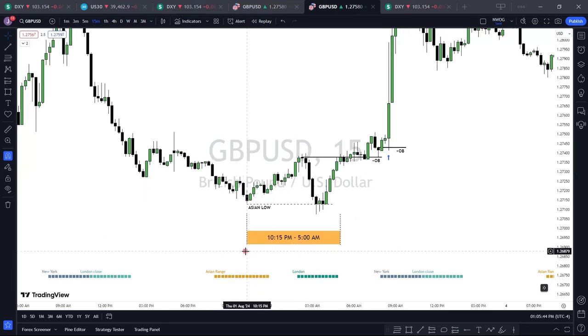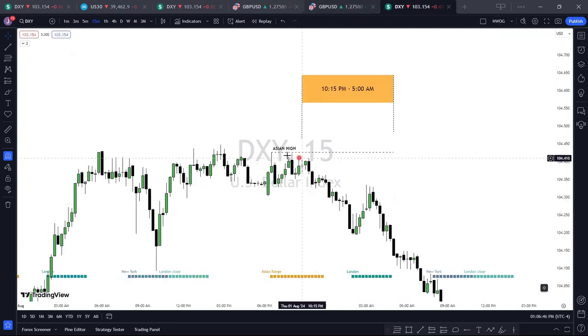Now at this time, 10:15 p.m. to 5 a.m., this is US time, New York time, you can see that the London low took out the Asian low at this window of time. Now let's go to DXY. This is the Asian high, but the London high did not take out the Asian high at this same time window here.